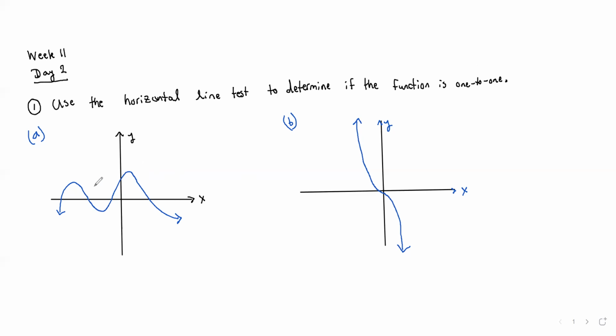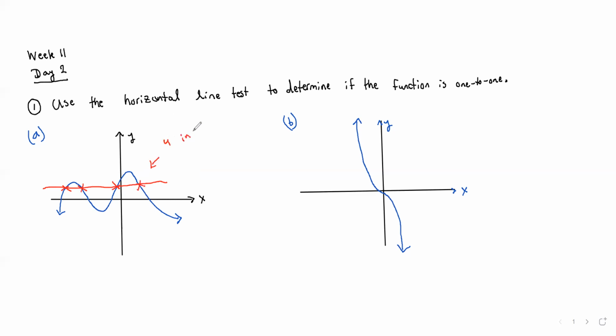So let's look at part A. Here we have this graph, which I've drawn in blue. And I'm going to show, using the horizontal line test, that this is not one-to-one. All we do is draw a horizontal line straight through here, and you'll see that we have 1, 2, 3, 4 intersection points.